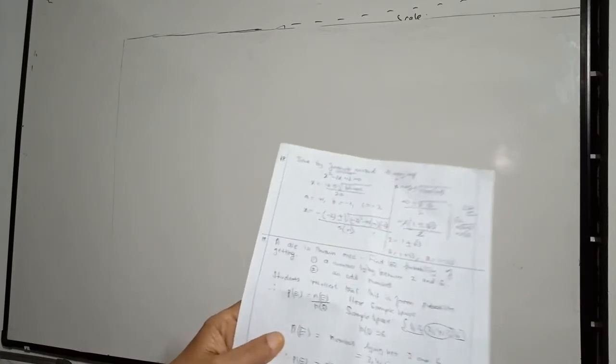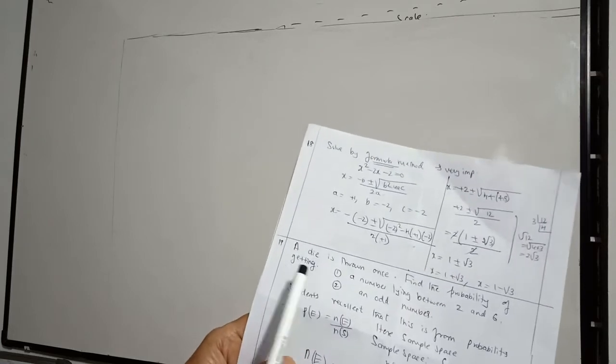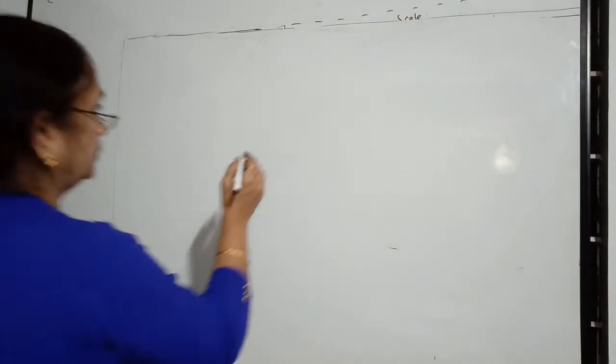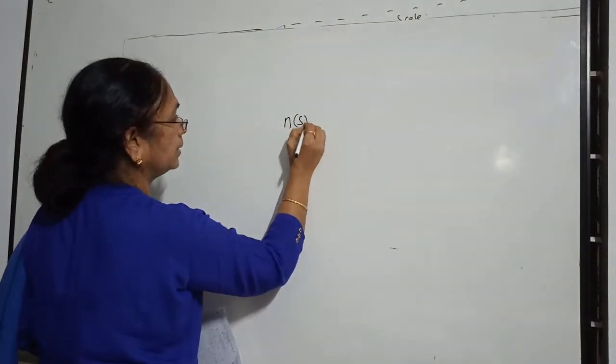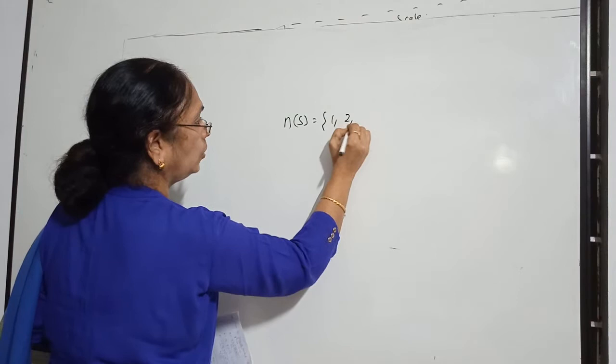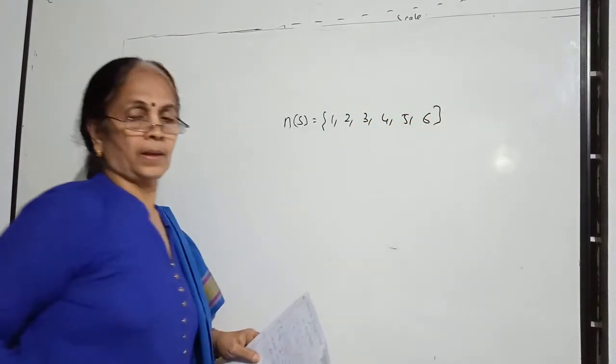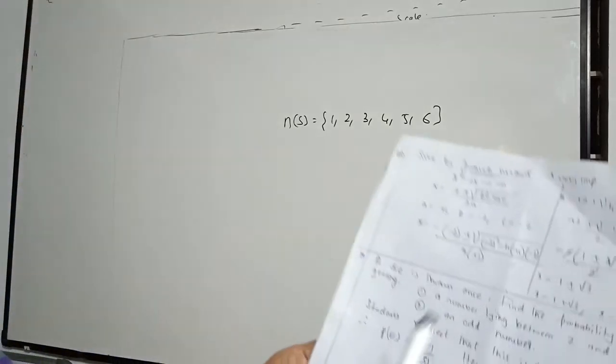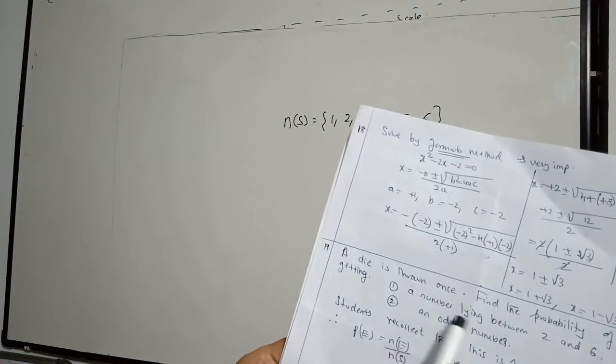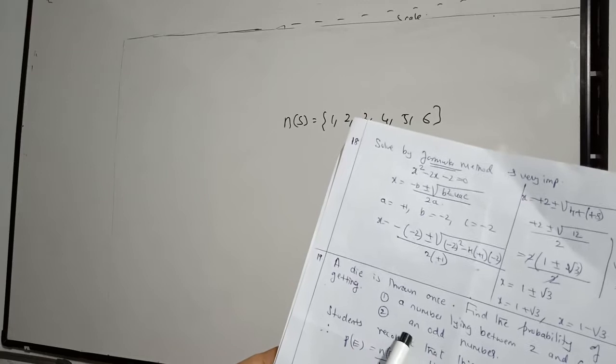A die is thrown once. Find the probability of getting a number lying between 2 and 6. A die is thrown once means what? Sample space is equal to 1, 2, 3, 4, 5 and 6. Die is thrown once, find the probability of getting a number lying between 2 and 6, and second one odd number.